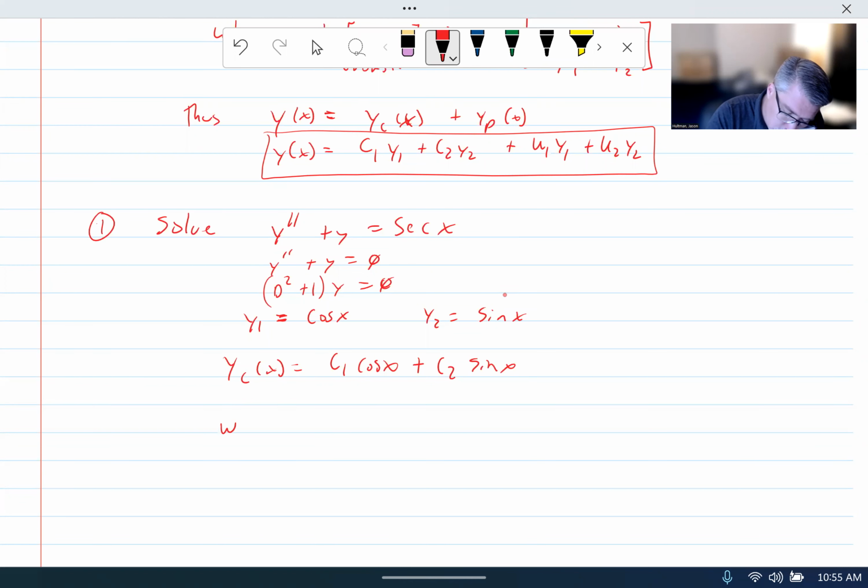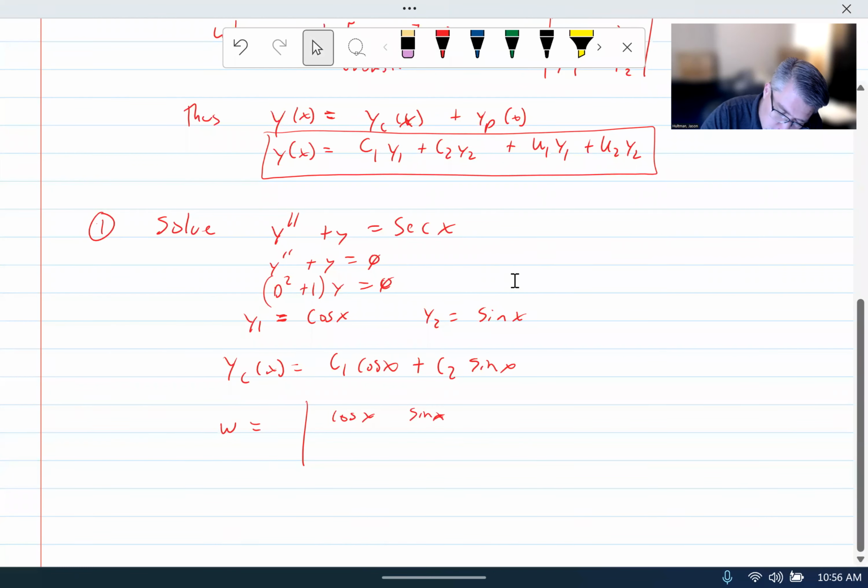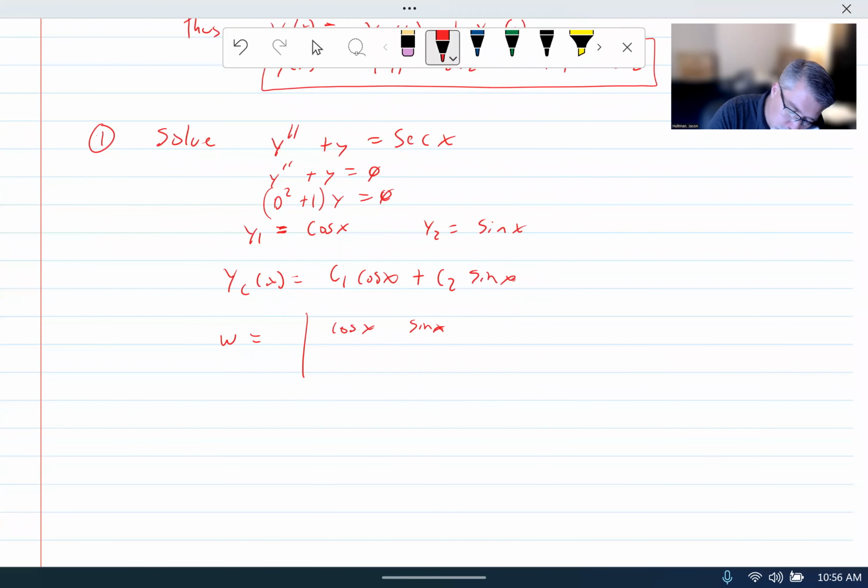Okay, the Wronskian is going to be equal to cosine x, sine x, the determinant of this thing. That should be determinant, not matrix. So, and then the derivative of cosine is negative sine.